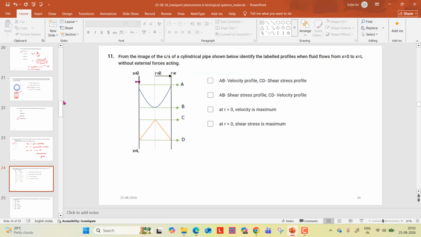Next. From the image of the cylindrical pipe shown below, identify the profiles when fluid flows from x equals 0 to x equals L without external forces acting. So this AB, as we have drawn it, right? We have drawn it here.